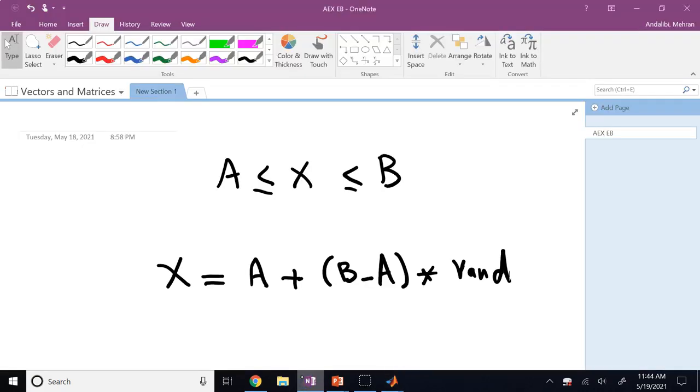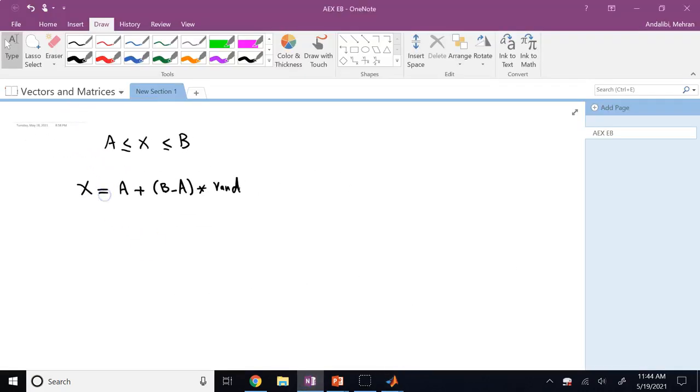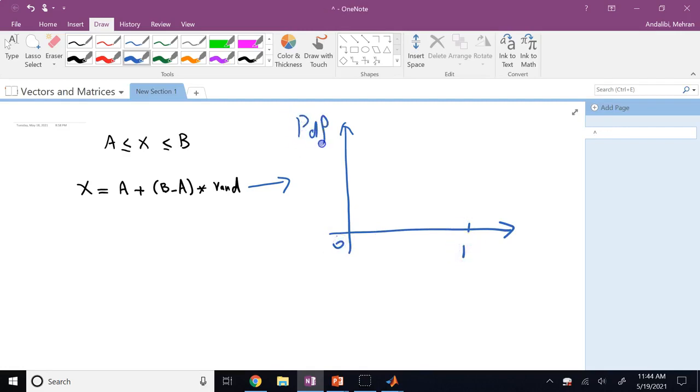So the probability distribution function for rand, as I said, is these are the numbers between 0 to 1, and this is your PDF, and this is your x, or that random number that you create.